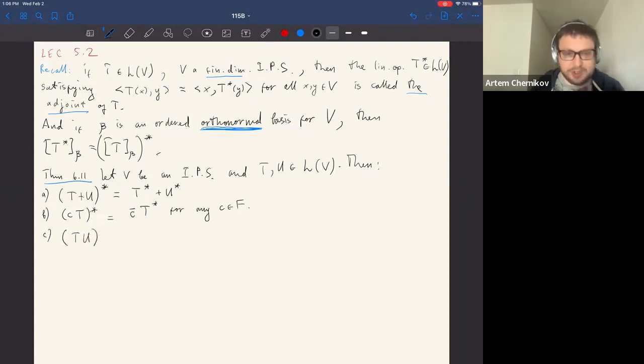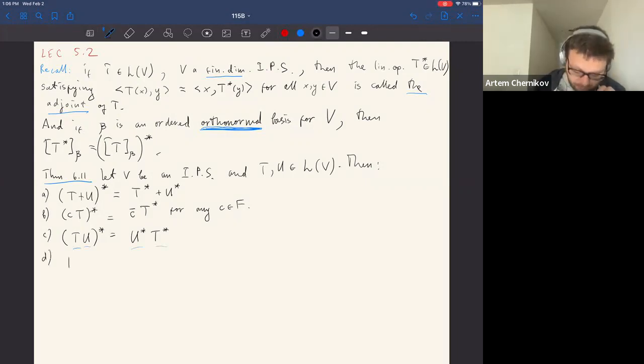If I take the composition of these two linear operators, T composition U, and I want to know the adjoint of this, then this is the same as taking the composition of the adjoint of U with the adjoint of T. Note that the order of the composition changes. Here I first apply U and then apply T, but here I first apply T star and then apply U star.